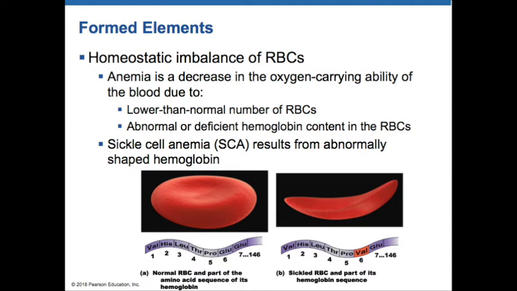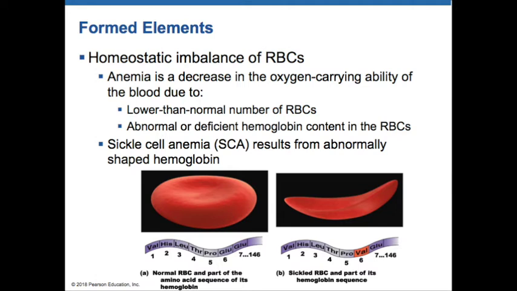Now, one specific example of a type of anemia is sickle cell anemia. This is going to be the result of an abnormally shaped hemoglobin, such as the example in your bottom right. And again, this is the result of a mutation in the protein of hemoglobin. Because of this mutation, the hemoglobin is not going to fold properly.